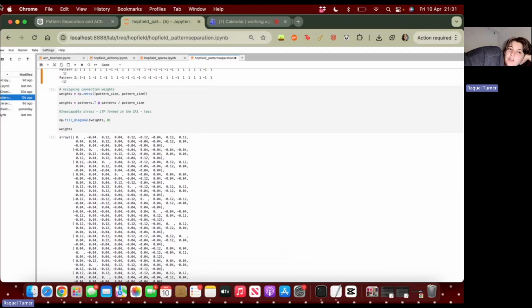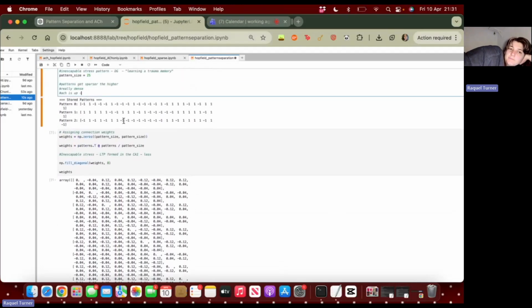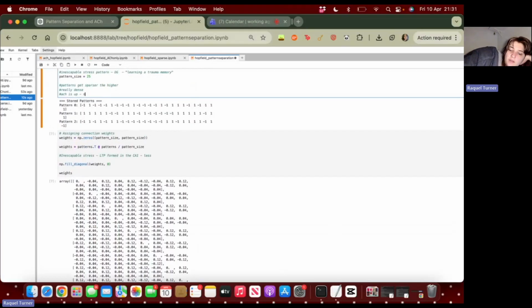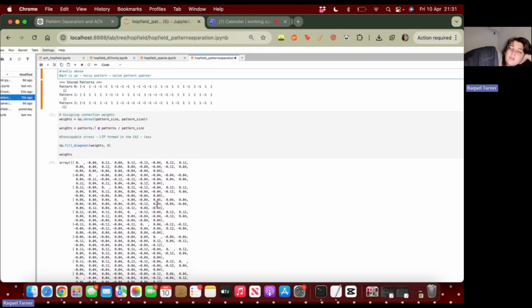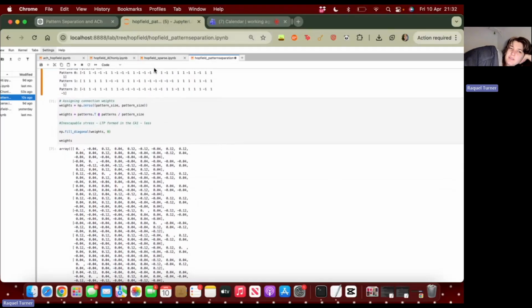Sorry. Anyways, as acetylcholine is going up, it would actually be interfering with the noisy pattern, which is super interesting. So it would be making the noisy pattern sparser, but there are inner mechanisms of the Hopfield network as well that I don't want to mess up.